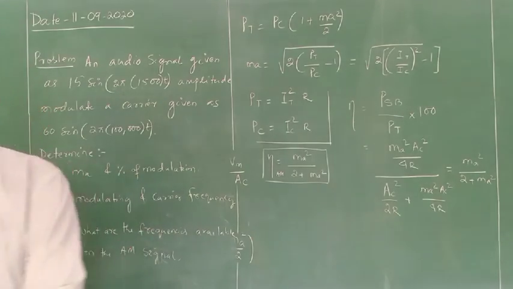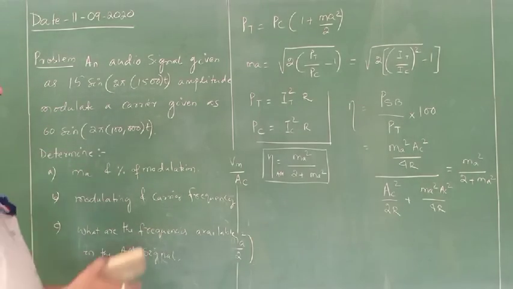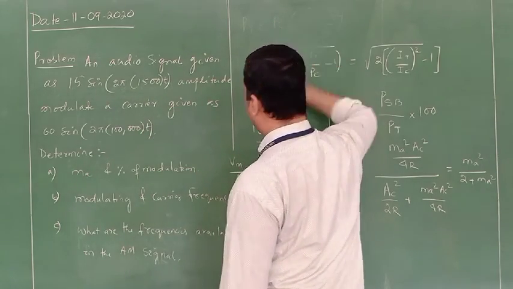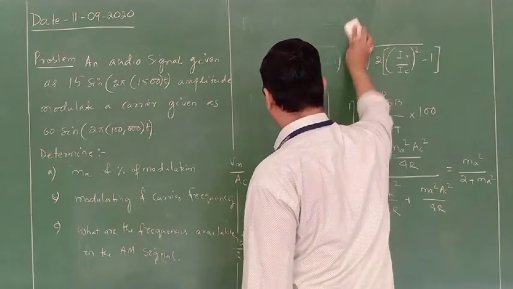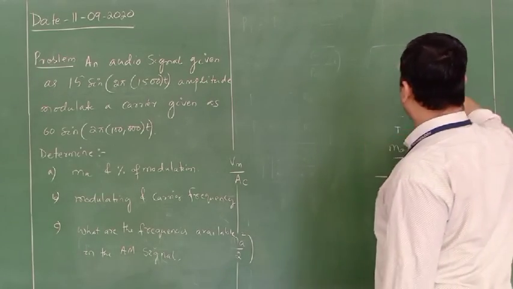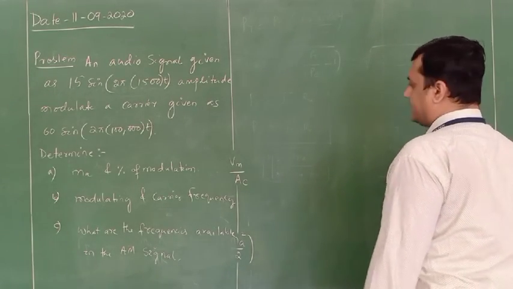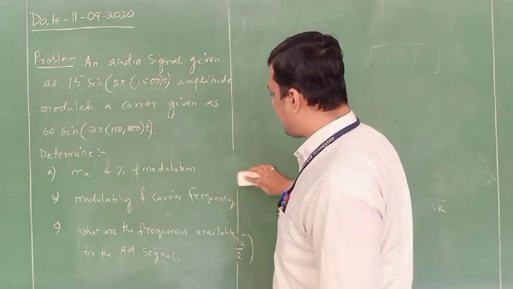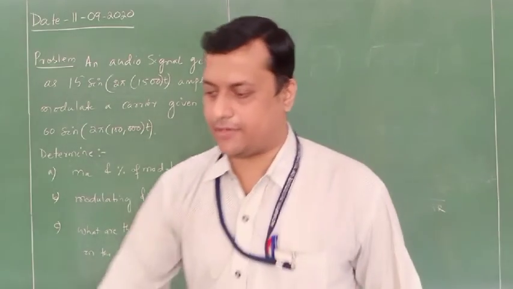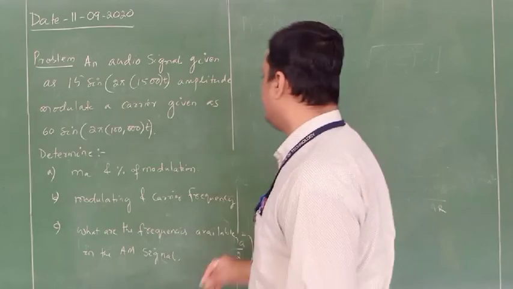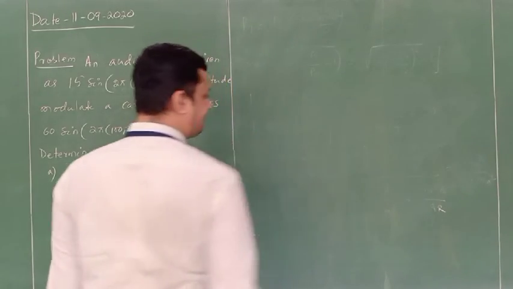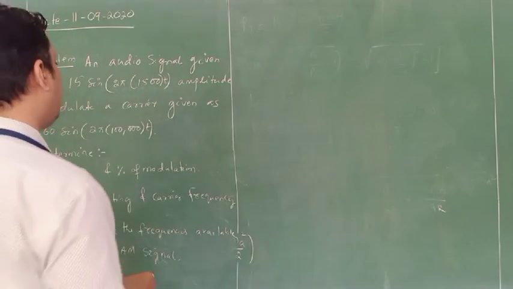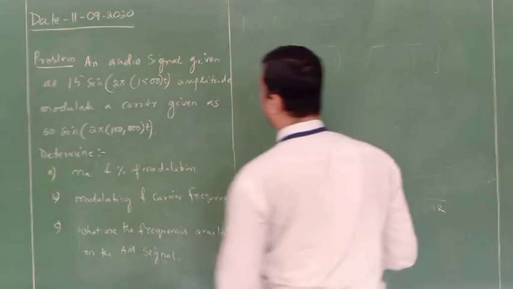So depending upon this question, we are going to identify first the modulation index and then second the percentage of modulation. Then with B we are going to identify the carrier and modulating frequency. Done? So depending upon this, first I will write what the given data is.